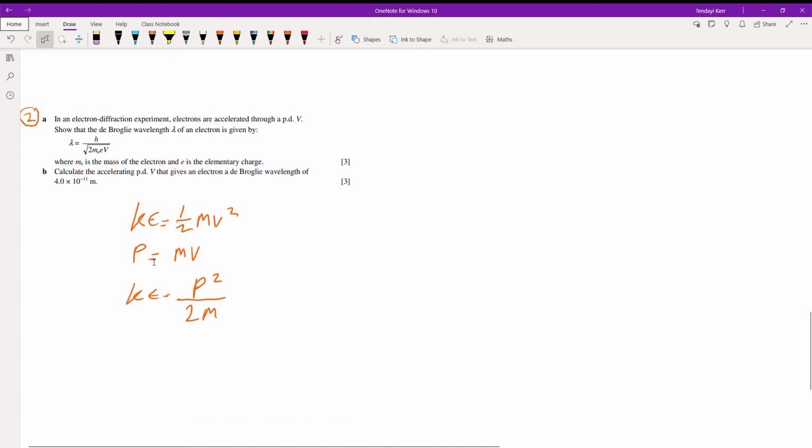The kinetic energy of the electron can be thought of in terms of the charge on the electron when it's accelerated through a potential difference. So K is p squared over 2m, but this electron is accelerated through a potential difference.